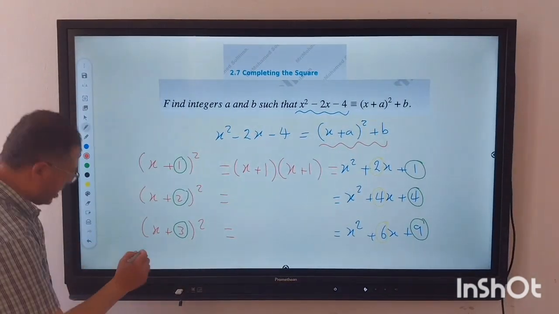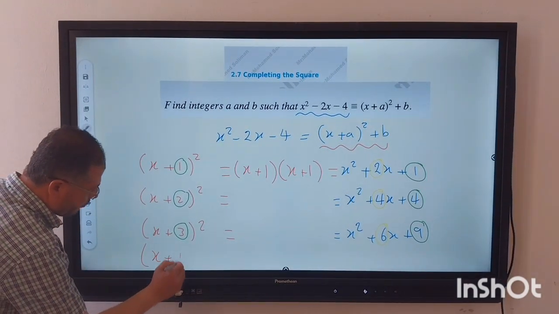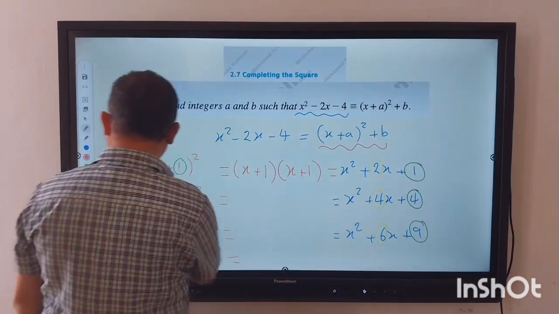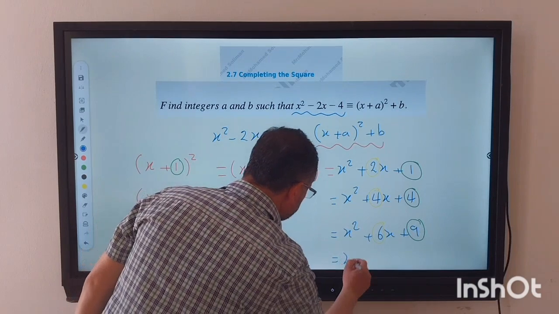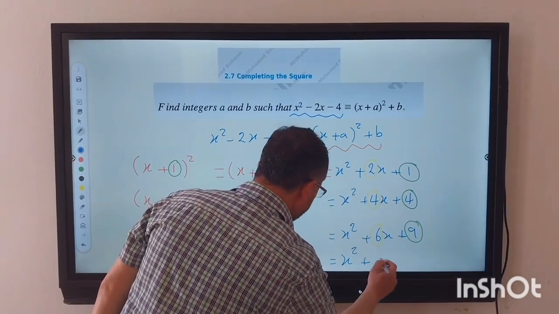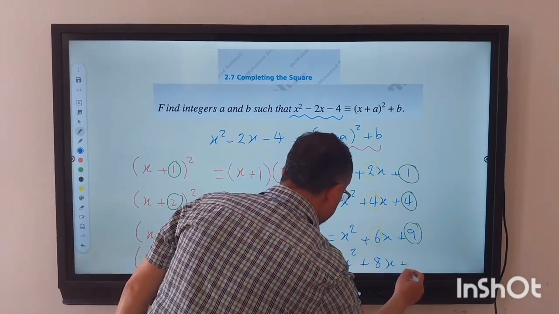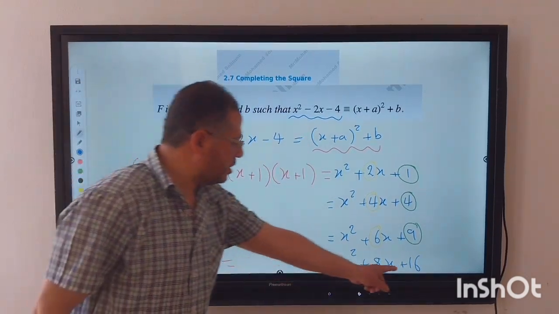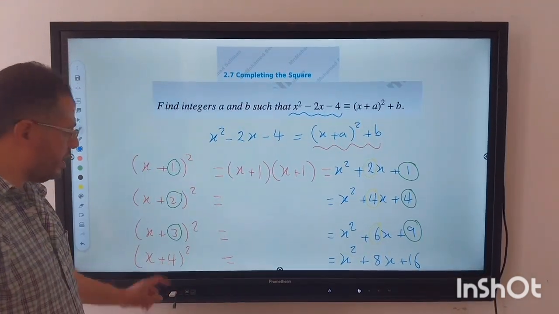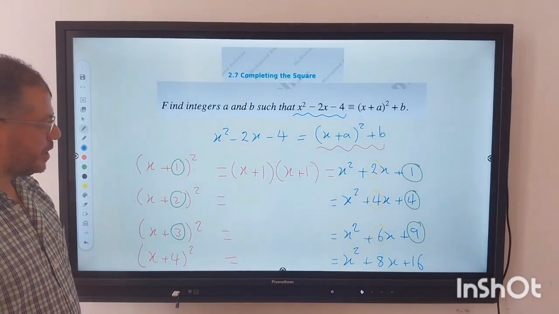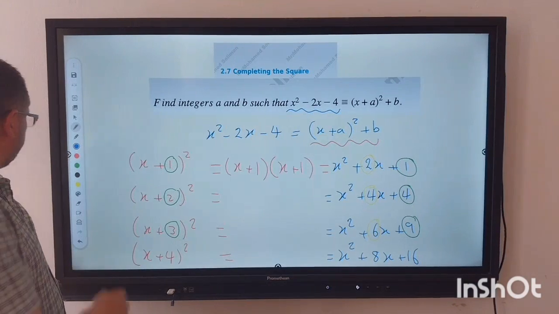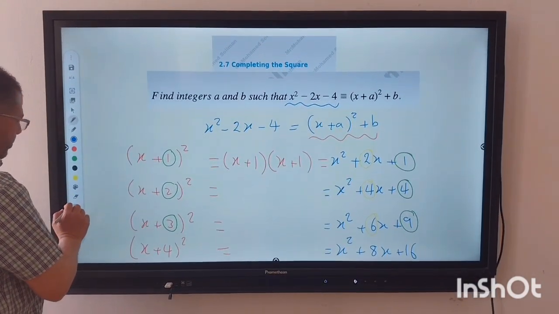Let's see the next one, (x + 4)^2, which will be equal to x^2 + 8x + 16. So the relationship between the constant and the number in the bracket is that it is squared.